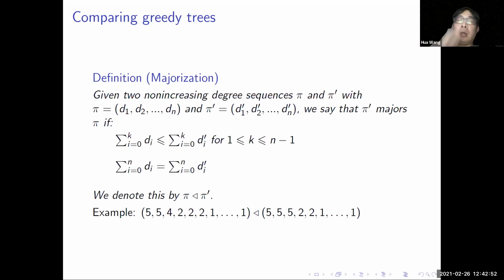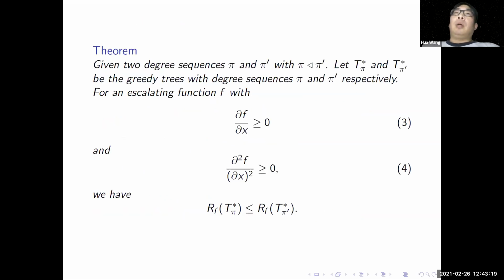Okay. And the interesting result on this is that once you establish this majorization between degree sequences, you can actually compare the extremal graph with each degree sequence, according to whether one degree sequence majorizes the other or not. And so here is the result in the form of this generalized degree-based invariants.